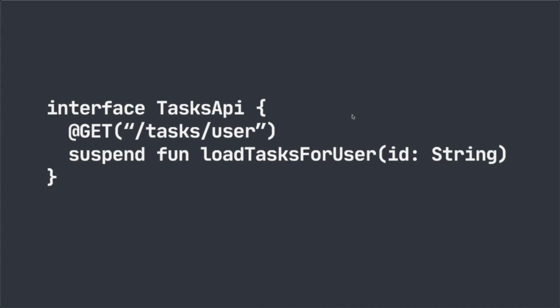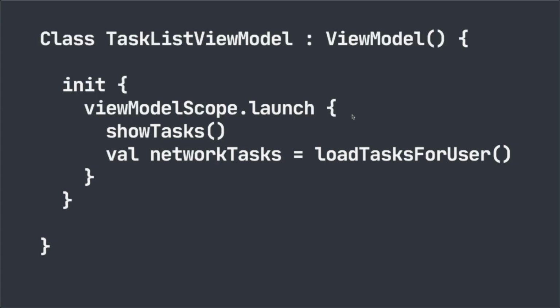Here's an example of our network layer. Many of us use Retrofit, and so we can now define suspending functions with Retrofit. And then we could call that from within our coroutine scope as well. Here I am calling that loadTasksForUser suspending function within my viewModelScope here. And then we could update the UI.